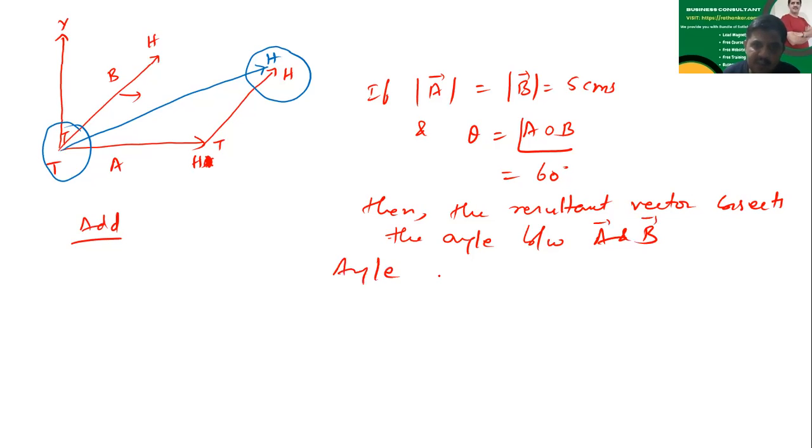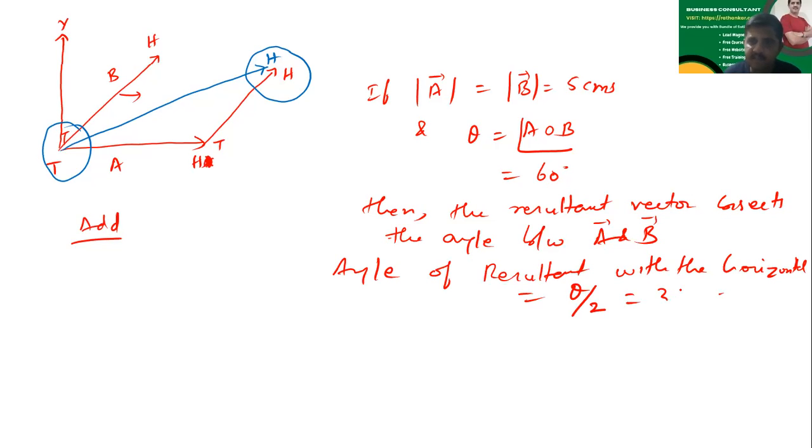The angle of the resultant with the horizontal will be equal to half of the initial angle, which should be theta by 2, which should be 30 degrees. This is your 30 degrees. This is what you should observe if this angle was 60 degrees. This is true for every angle, whatever could be the value of theta.